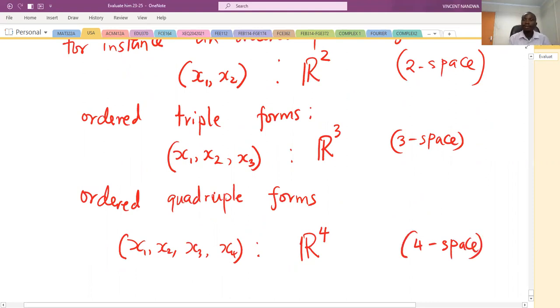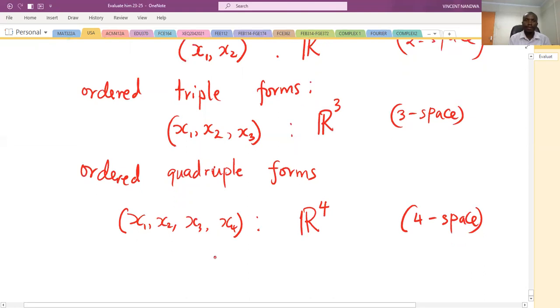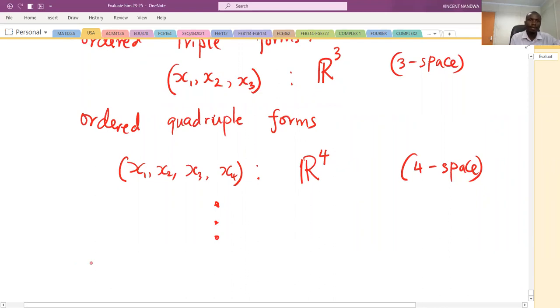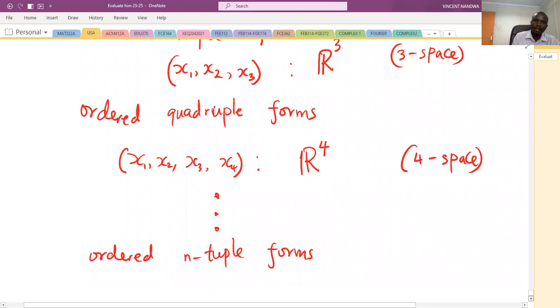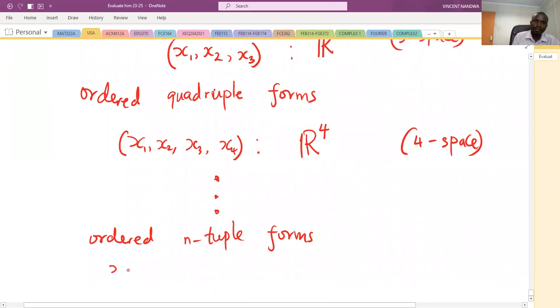And then the same process continues up to an ordered n-tuple, so x1 up to xn. This is called Rn.